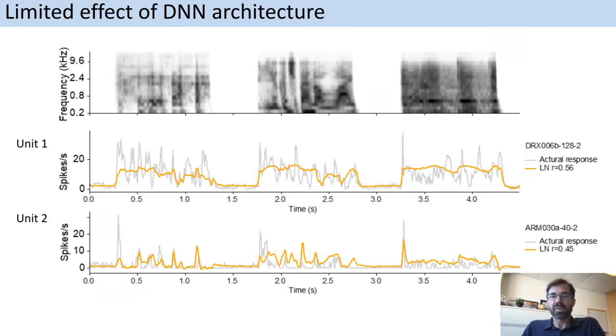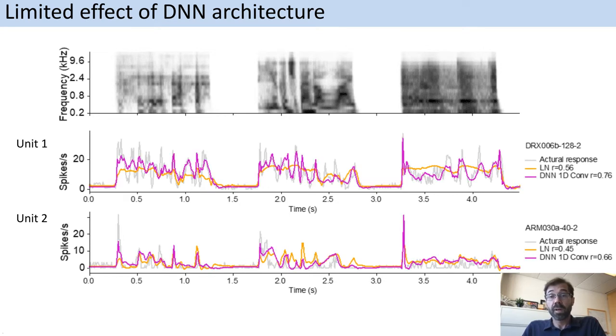In the top panel, you can see that the LN model isn't able to capture the fine temporal structure of the response, but does get the overall activation by the different stimuli. The bottom panel shows a different case where the LN model captured some fine temporal dynamics, but couldn't capture the relative structure of the gray peaks. For instance, that initial onset response, it underpredicted quite substantially.